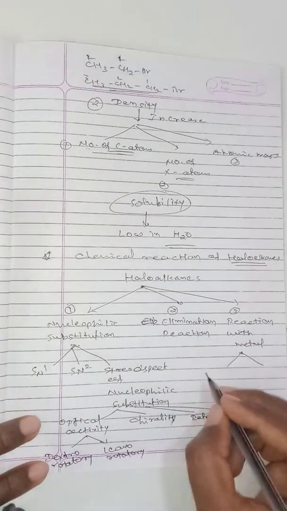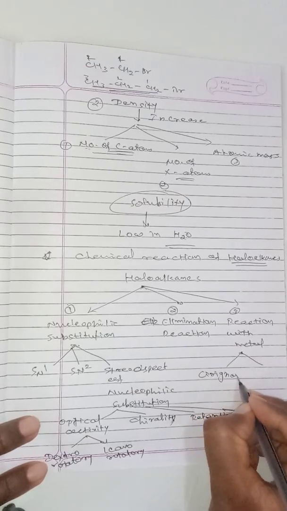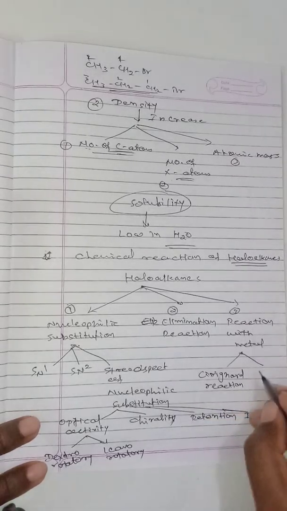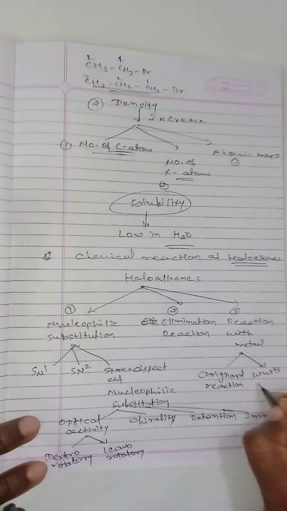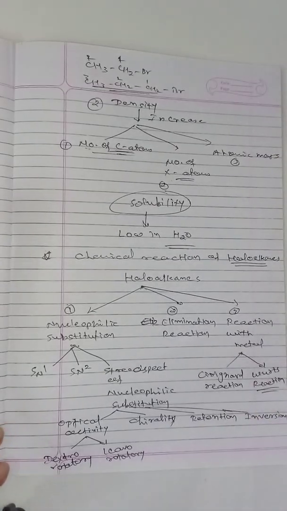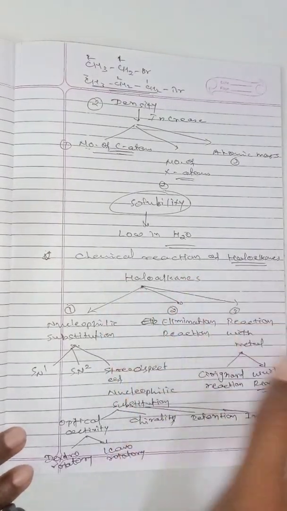Reaction with metal, Grignard reaction. And number 2, Wurtz reaction. So this is the main chemical reaction of haloalkanes.